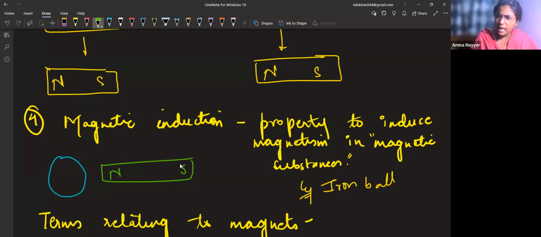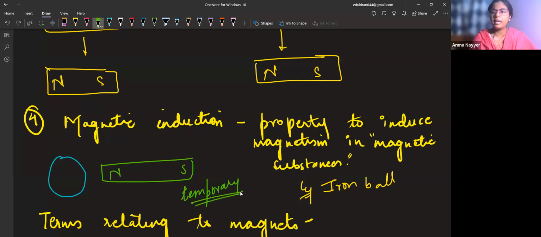But if it's metallic, there are certain magnetic substances. Magnetic substances does not mean that they have the magnetic property. It means they have the tendency to gain the magnetic properties. So an iron ball can acquire magnetism for a short period of time. That means it can be temporary.